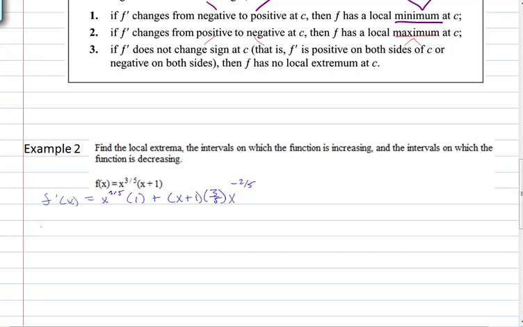So I have an x to the negative 2/5 that I can factor out. And when I pull an x to the negative 2/5 out of x to the 3/5, that leaves behind an x plus, I can do this over 5 because I have a 3/5 here.